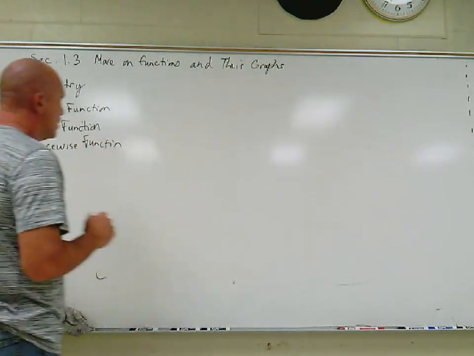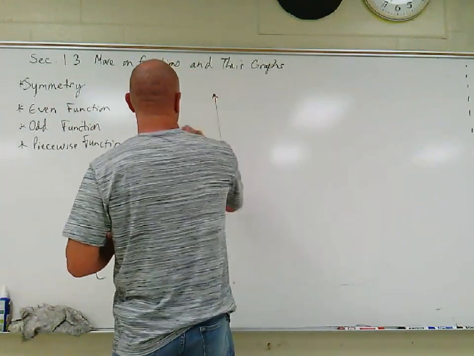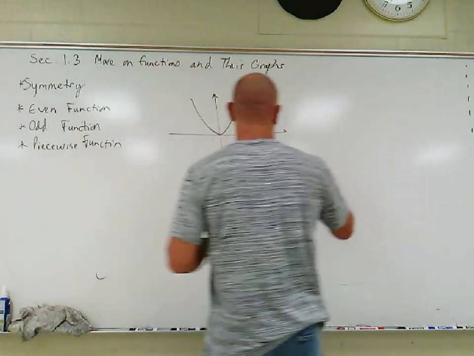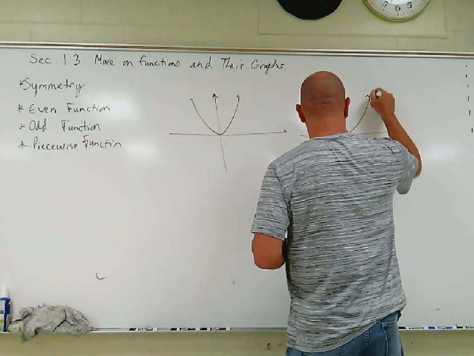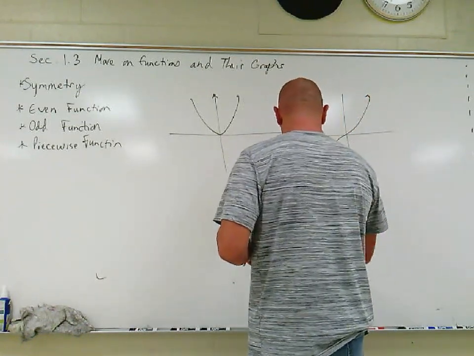All right. So there's three types of symmetry that you're going to see. I'll show a graph that has each one. This graph has a symmetry. This graph has a symmetry. And this graph has a symmetry.